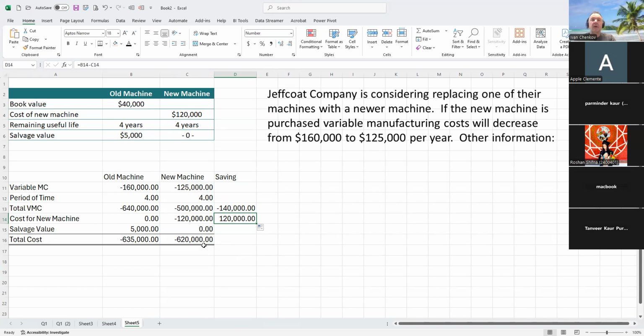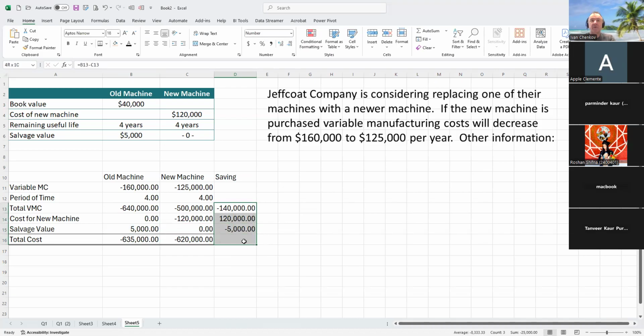And if I keep the old machine, the $5,000 will disappear, so I won't be able to get those $5,000.